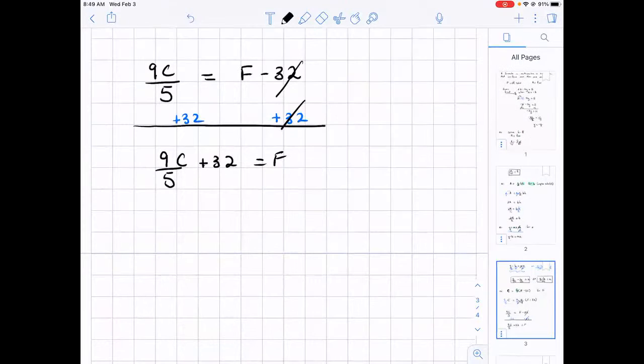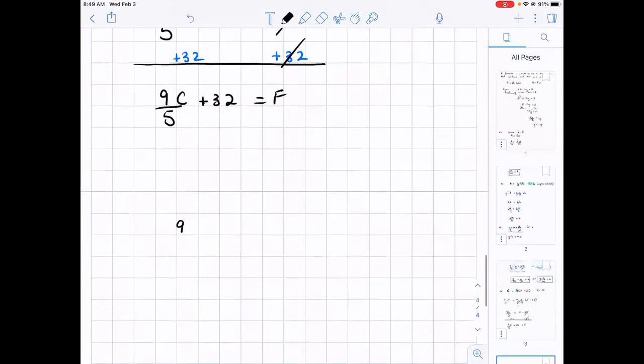So here is our final answer. We could write 9 over 5c, we could put the c on the outside if you want, plus 32 is equal to f. Or you could write 9c over 5 plus 32 equals f. Either one of them is correct.